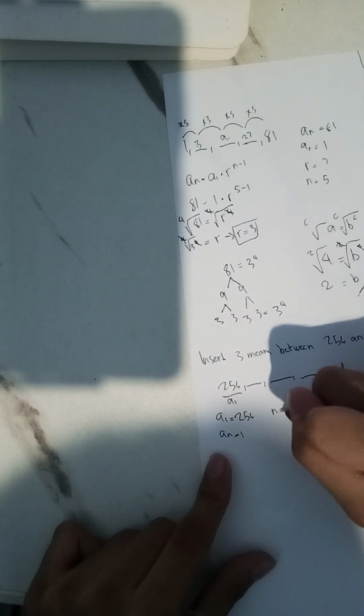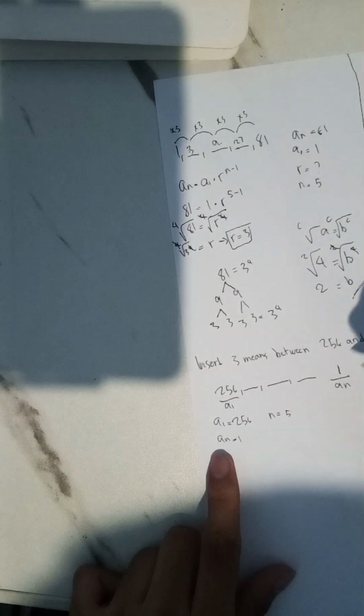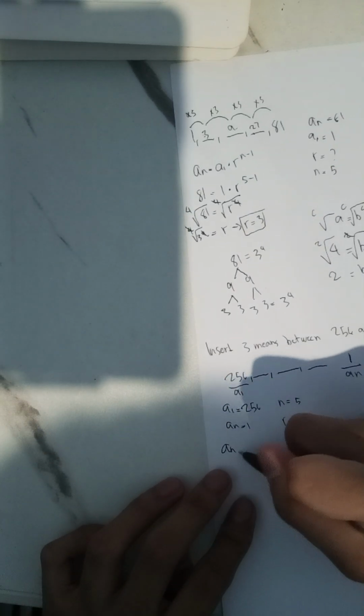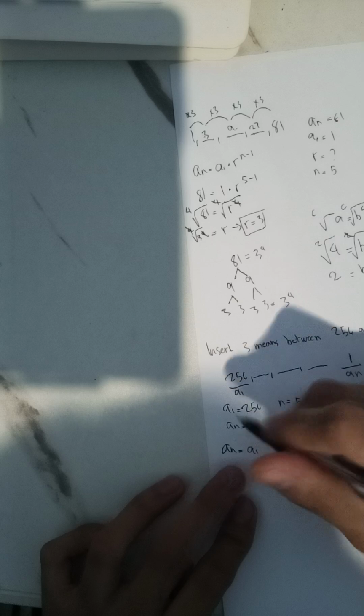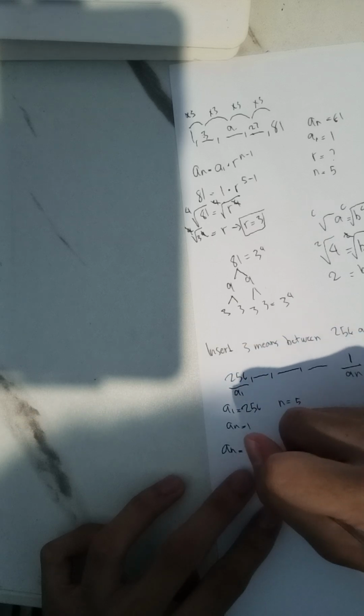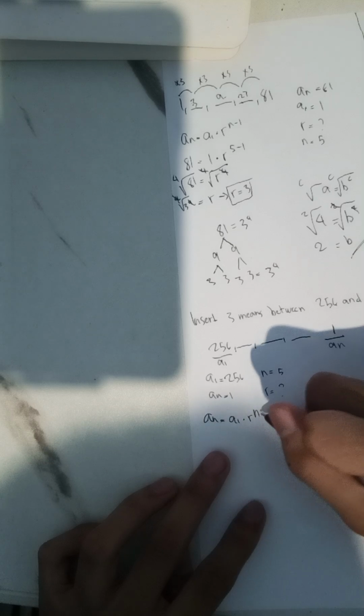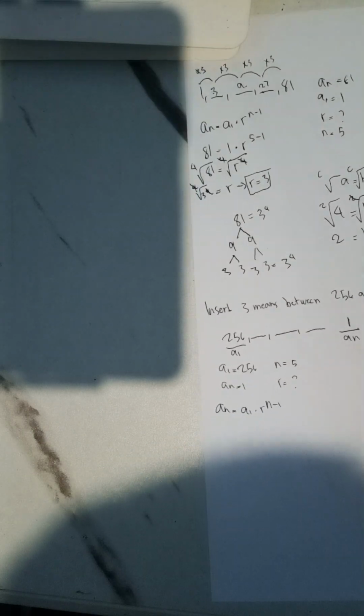The number of terms corresponds to an, which is in the 5th position, so n equals 5. And our common ratio is unknown. Now, let's write our formula. Last term is equal to first term times common ratio raised to n minus 1.